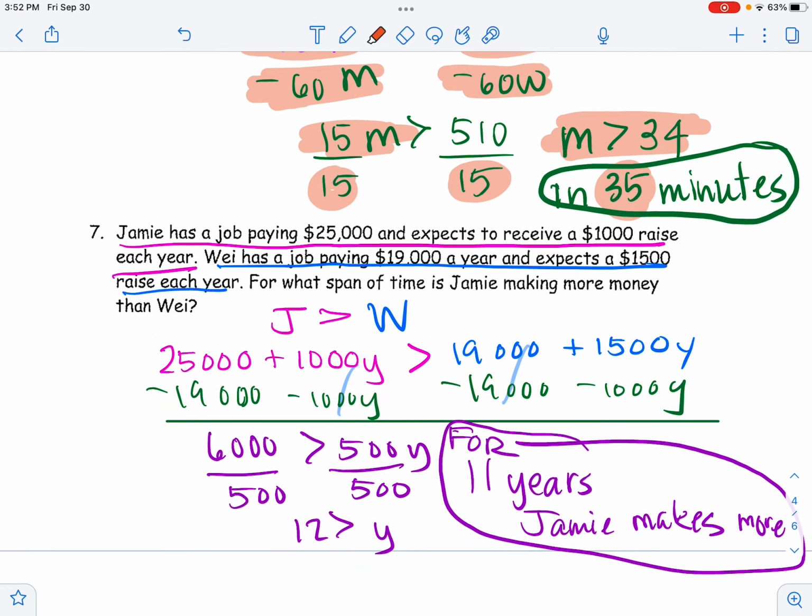Okay, Jamie. Jamie has a job paying $25,000 and expects to receive a $1,000 raise every year. But Willow has a job that pays $19,000 but expects a $1,500 raise a year. For how long will Jamie keep the lead in making more money? So we want to know when Jamie has more, right?